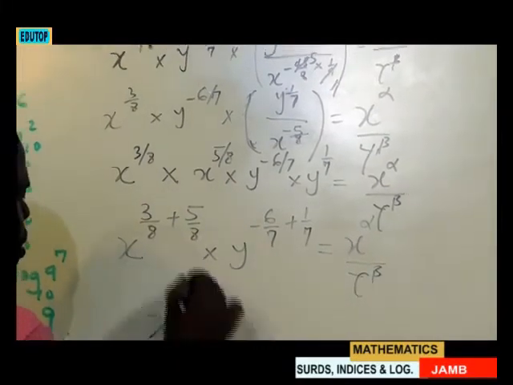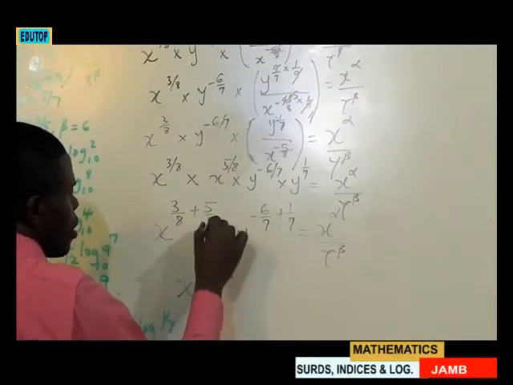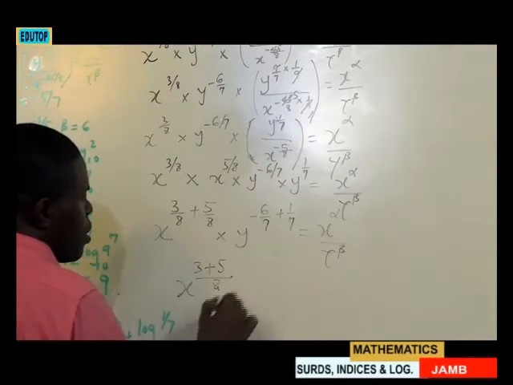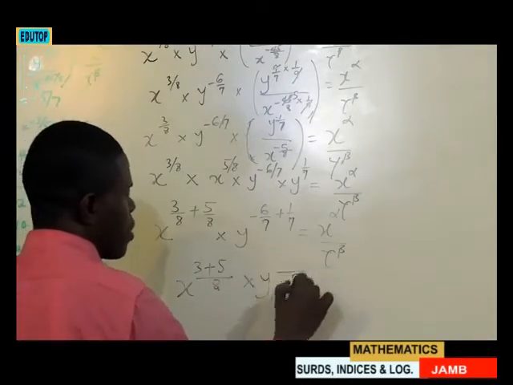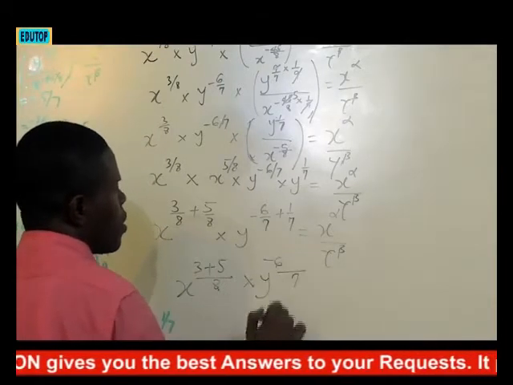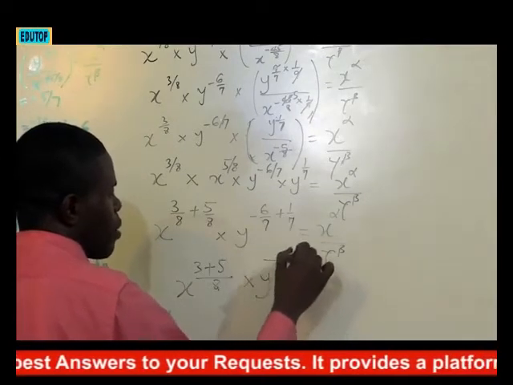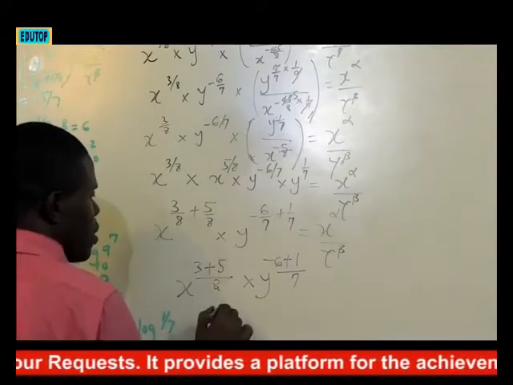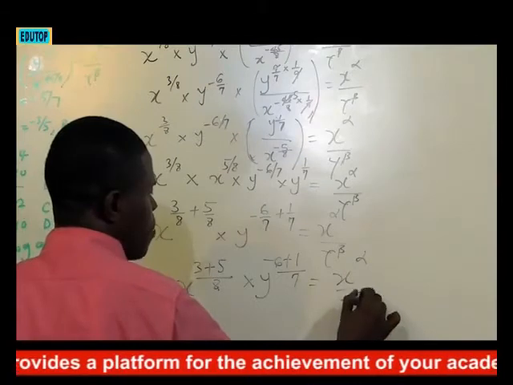What's the LCM? 8. 8 in 8 is 1, 1 times 3, plus 8 in 8 is 1, 1 times 5. So times y, also the same LCM 7. 7 in 7 is 1, 1 times minus 6, plus 7 in 7 is 1, 1 times 1. So then this one becomes x equals x^alpha y^beta.